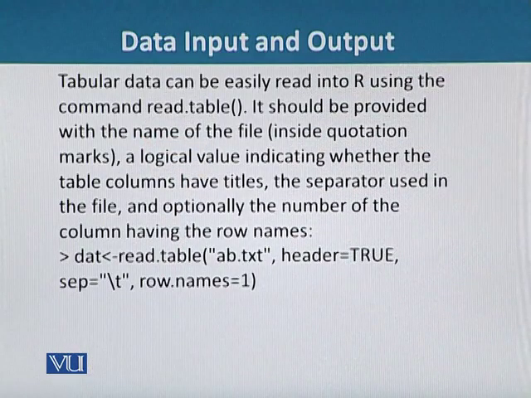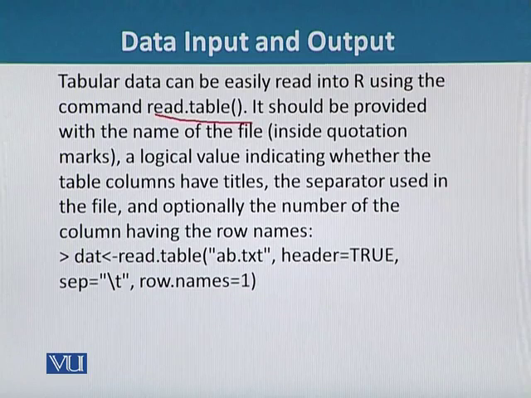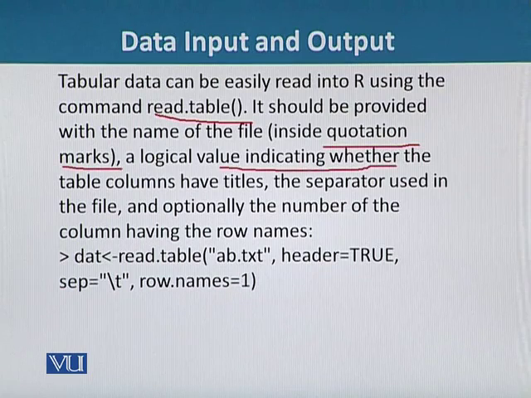Tabular data such as tab delimited text files can be easily read into R using the command read.table and then parentheses, in which we write the name of the table. It should be provided with the name of the file inside quotation marks, a logical value indicating whether the table columns have titles, the separator used in the file, and optionally the number of the column that has the row names. So this is the read.table command.